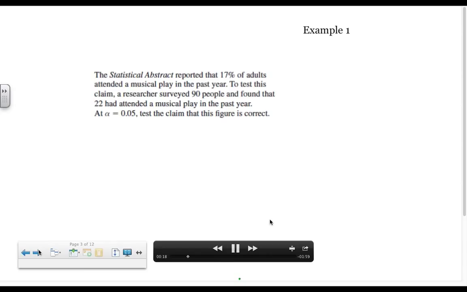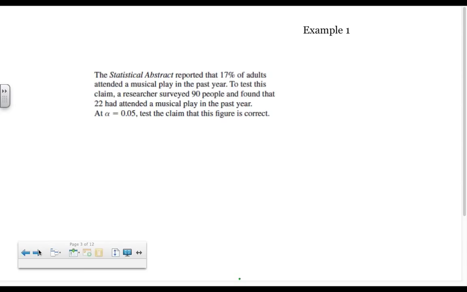So I end up with my H naught, that the mean is equal to, or sorry, not the mean, the P is equal to 0.17. I'm trying to prove that P is not equal to 0.17.